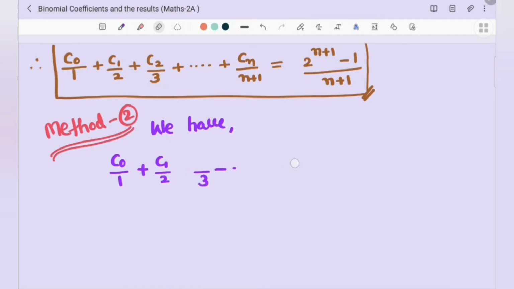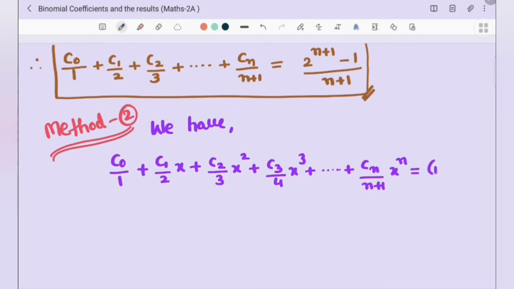In terms of x we need to write it: C0 by 1, C1 by 2 into x, C2 by 3 into x square plus C3 by 4 into x power 3 plus and so on, Cn by n plus 1 into x power n is equal to 1 plus x whole power n plus 1 minus 1 divided by n plus 1 into x. This is the standard result we have.